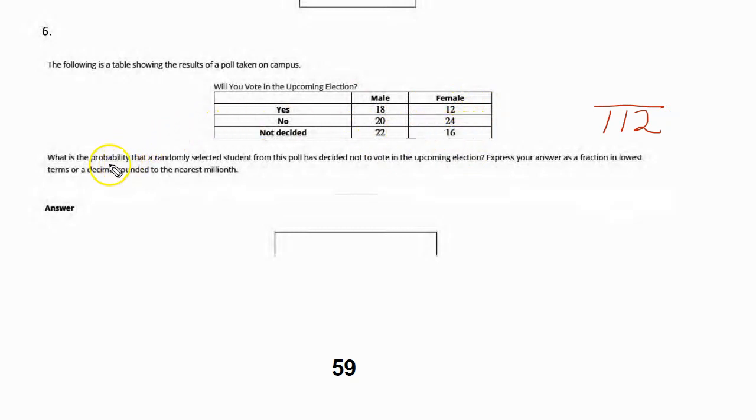Now, they're asking you, what is the probability that people in the upcoming election would not vote? Well, the only ones you could choose here are the no's, which would be 44.